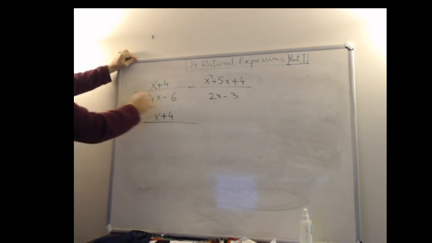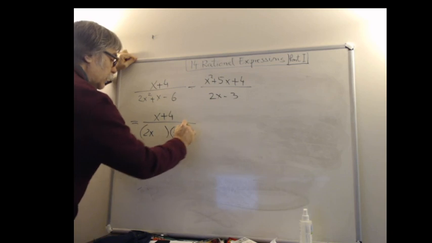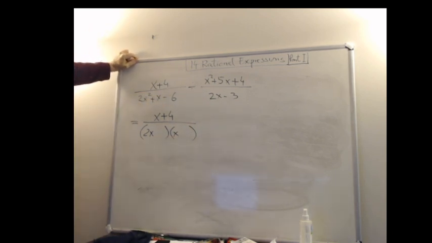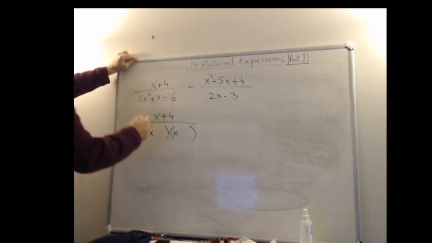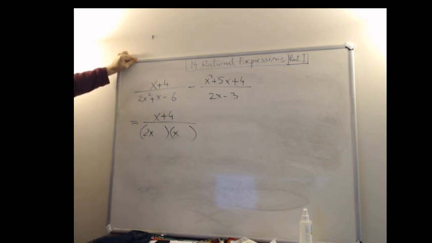This one here, I have 2x and an x. What else is there? I need to get negative 6, so I'm gonna get that with negative 2 and positive 3, or negative 3 and positive 2, or negative 1 and positive 6, or negative 6 and positive 1, and so on. Lots of possibilities, and I think 2 and 3 is gonna work here.